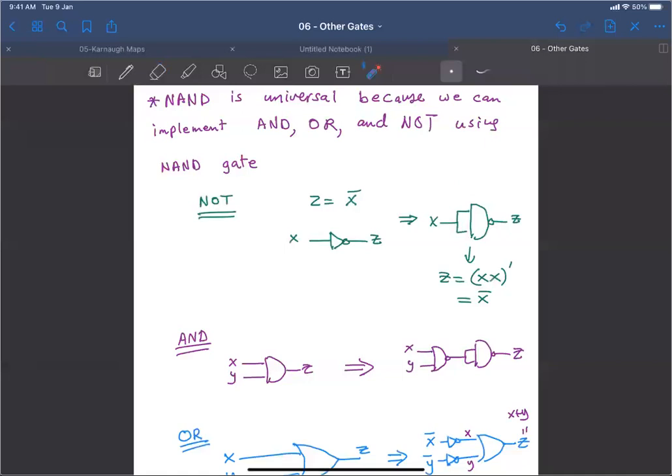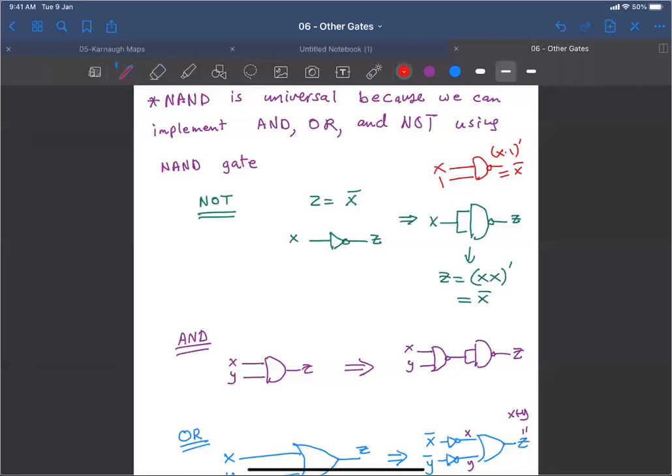Another way to do it, if you want to be flexible, is to have X with 1. Then this will be X AND 1, complemented, which is X complement. This is another way of doing it, but the first way is enough for us.